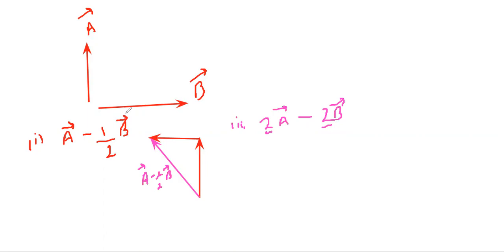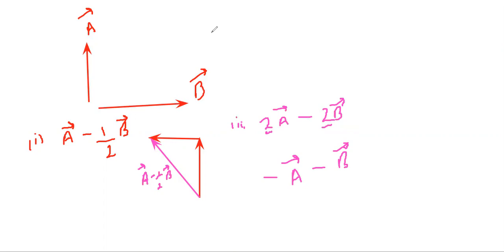You will be decreasing or increasing the length as per the question. And the sign you have to see: if there is a negative sign before the vector, you have to reverse its direction. If in some question you have to find minus A vector minus B vector, suppose, you have to reverse this direction and this direction also.